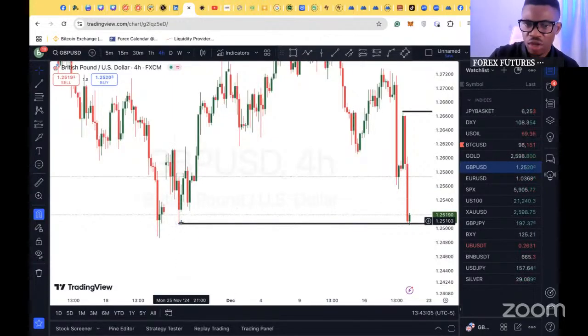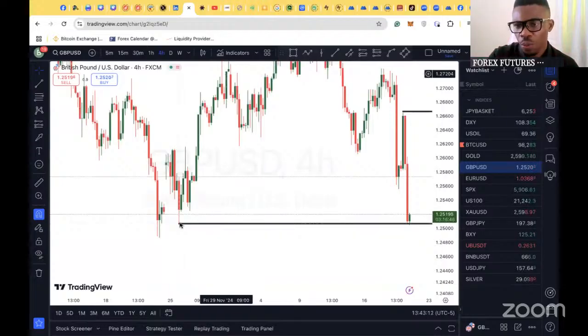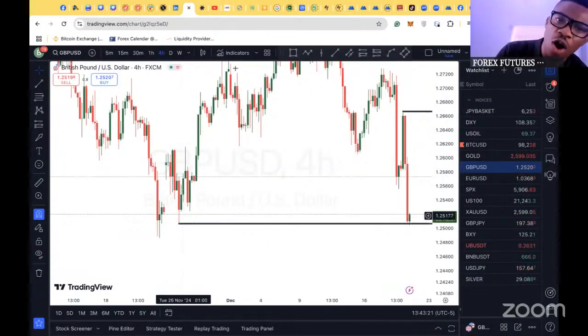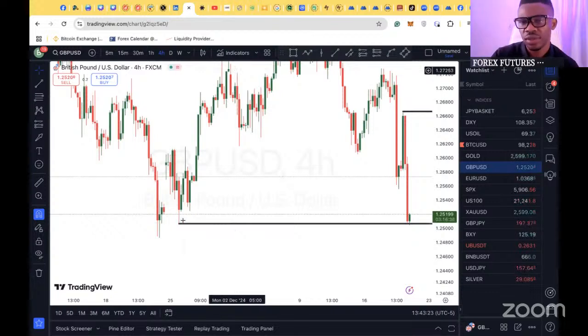This line is important because price came to this price, stopped exactly at this price, and bounced off massively. So we can say this price, 1.2507, is a springboard that pushed the price upward, responsible for all this move from here to this point.